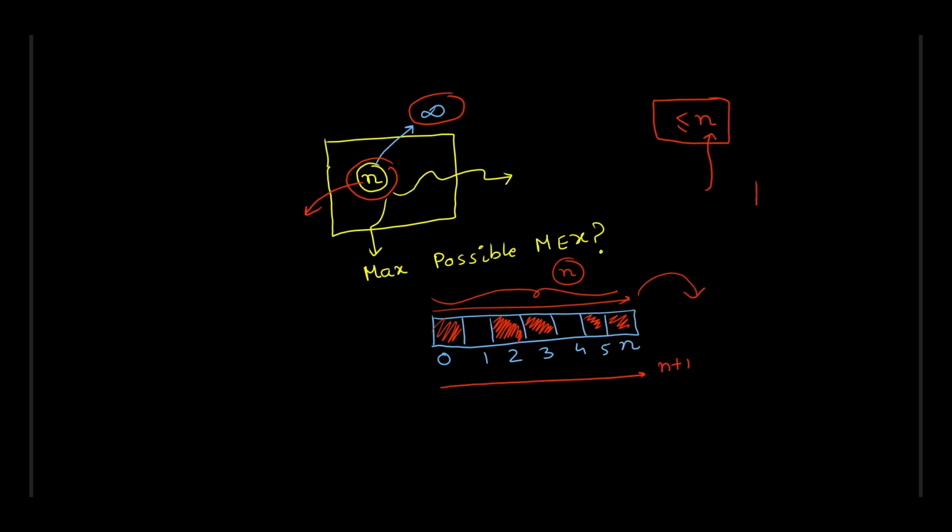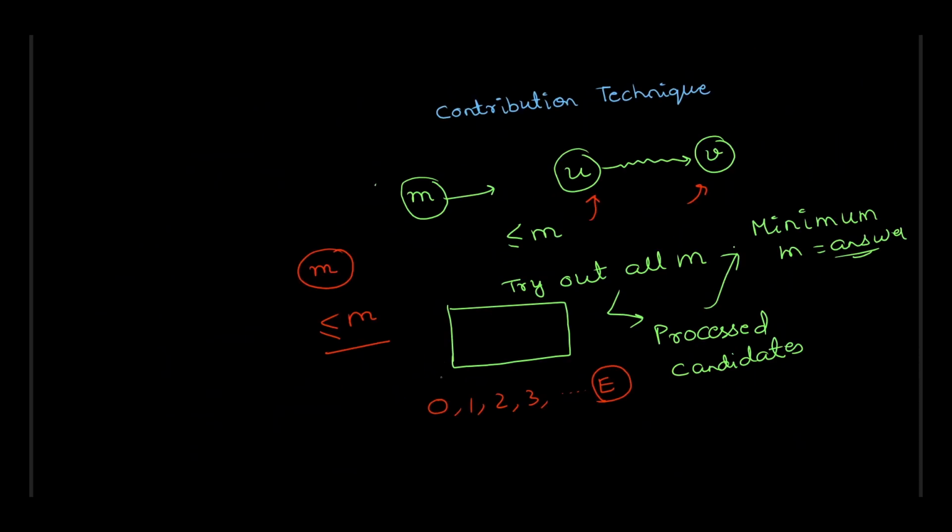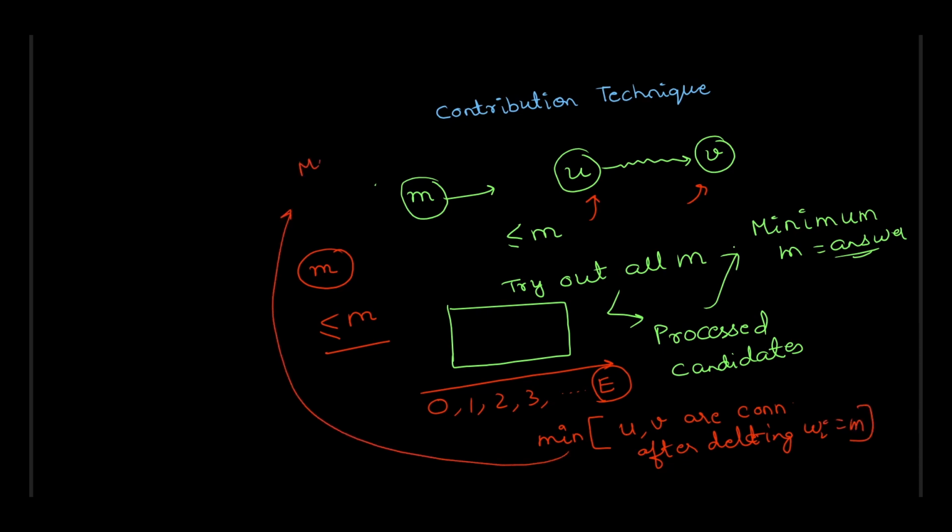And the length of the path can be at most E. So that's why if we try all the max values from 0 to E, and then we take the minima for all the cases where U and V are connected after deleting the edges with wi equal to M, then this minima will actually be the min cost path, or basically the distance between U to V.